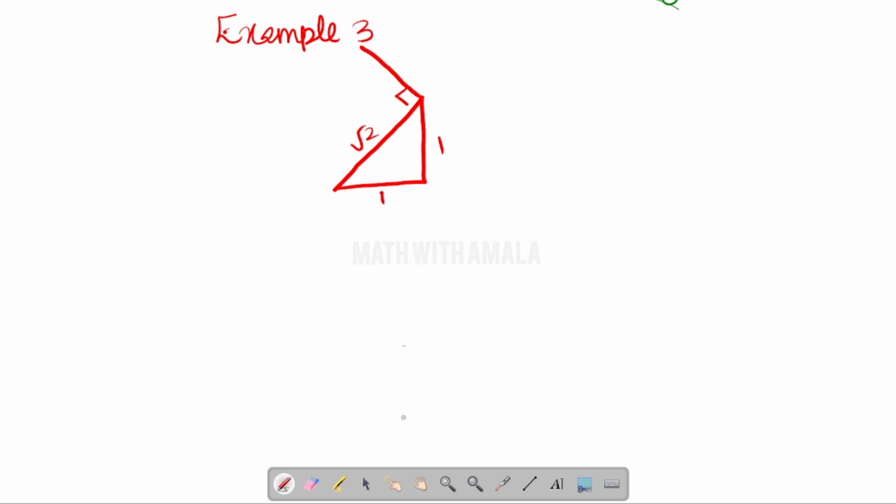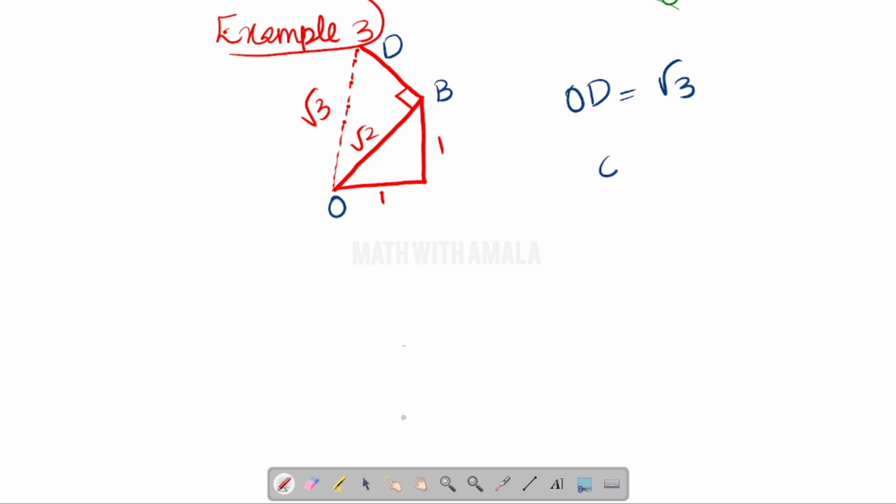Let's draw the right angle first. Then draw a 1 unit perpendicular line at the root 2 hypotenuse. And you will get root 2 whole squared plus 1 squared is equal to 2 plus 1, that is 3. Which means that hypotenuse will be root 3. So OD can be calculated as root 3.